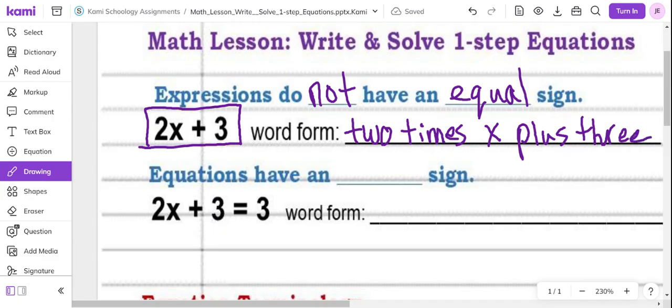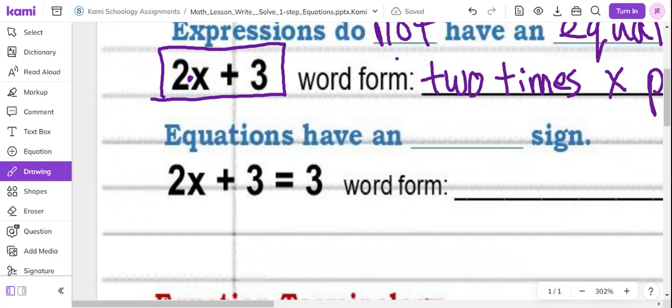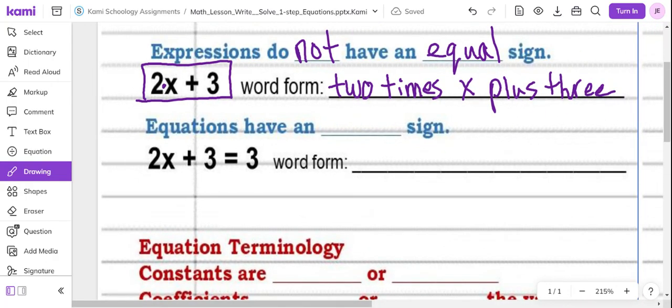Notice I said 2 times x, because if you only had one, you just have an x. But then you times 2, where the number in front, put a little dot in there. If you have a number right next to a letter, by default, that's going to be multiplication. So equations are going to have the equal sign.